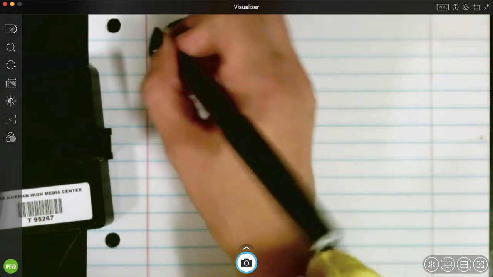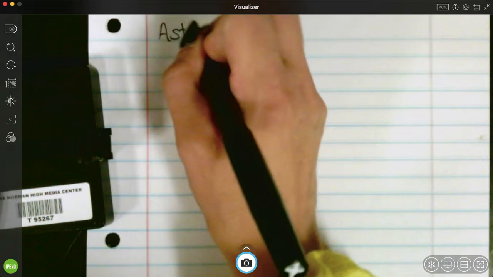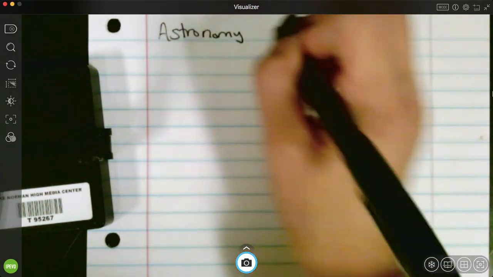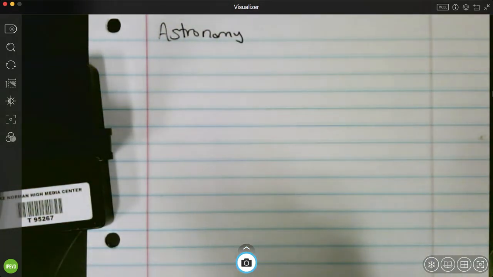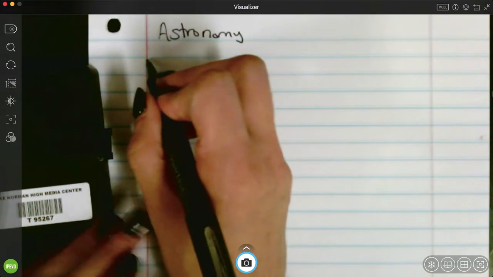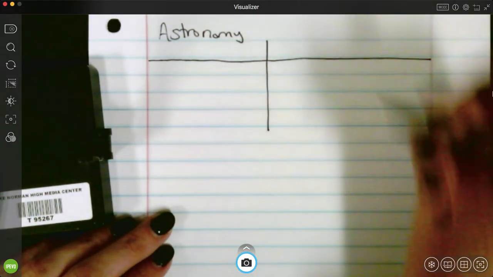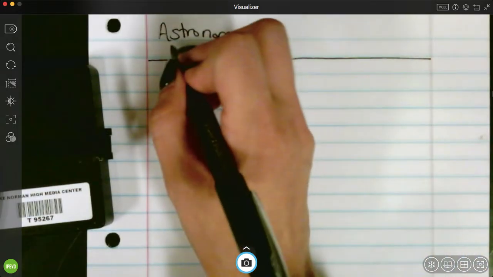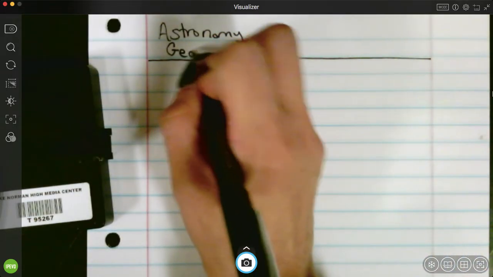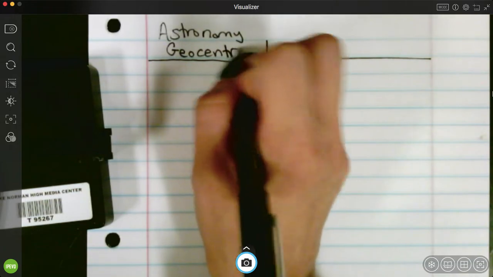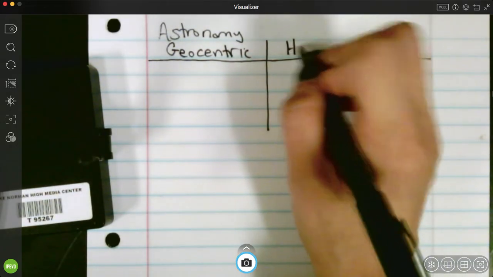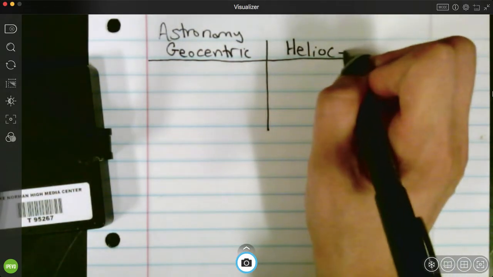So the first thing that we talked about in the astronomy unit, we talked about models of the universe and how there are two kinds. There are actually multiple kinds, but these are the main two that people have looked at through history. One is geocentric, and the other is heliocentric.